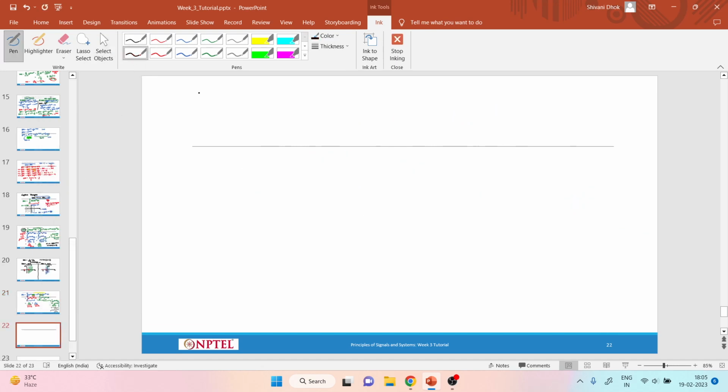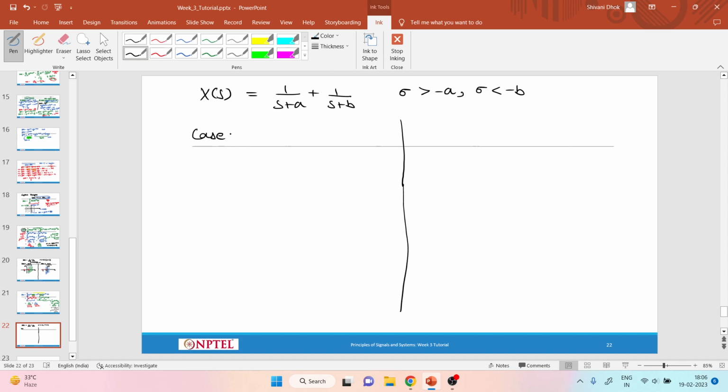We have X of s equal to 1 upon s plus a plus 1 upon s plus b, and the region of convergence is sigma greater than minus a and sigma less than minus b. Now let us look at both the cases. Case 1 is a less than b, which means that minus a is greater than minus b.